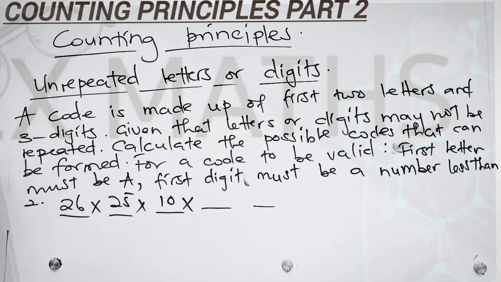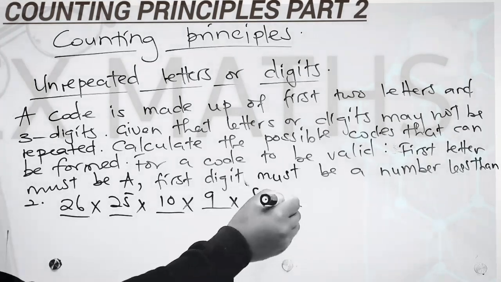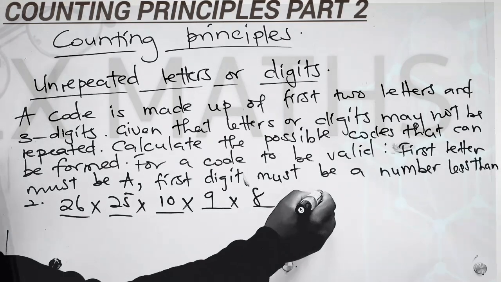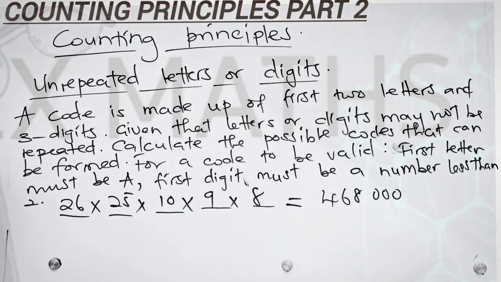For the second position we are left with 9 digits, and here we are left with 8 digits to arrange. Then we get the answer, 468,000. So those are the possible codes that can be formed.